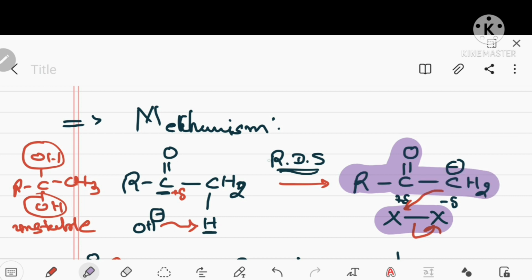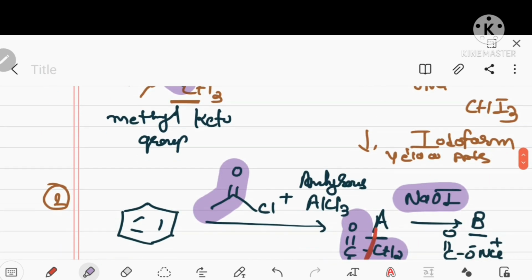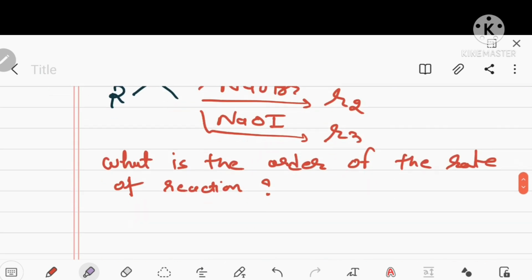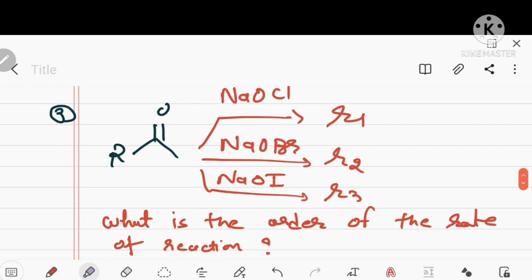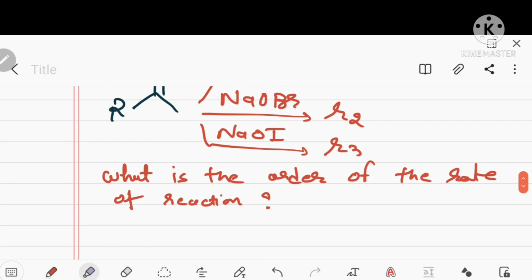This one is our rate determining step, first step, and it is forming carbanion, and there is no significance or any kind of role of this halogen. So here we can give the answer, the rate of all these reactions is the same. So our answer is R1 is equal to R2 is equal to R3. I think all of you got this point.